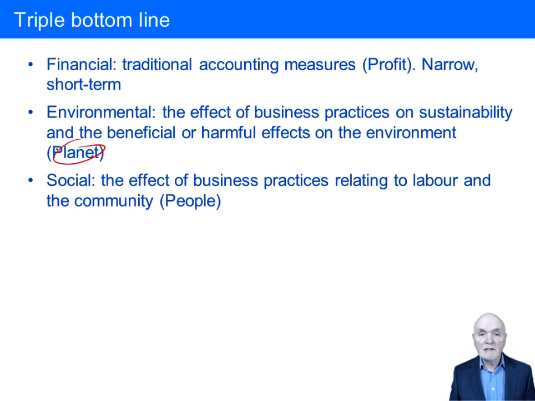Is it depleting resources quickly so that in 5-10 years' time it won't be able to operate anymore? Is it creating a lot of pollution so that laws and so on may be brought in? Or, of course, pollution of itself isn't a great thing anyway, and is increasingly looked at by consumers, for example, to see what the carbon footprint might be in some of the goods being produced.